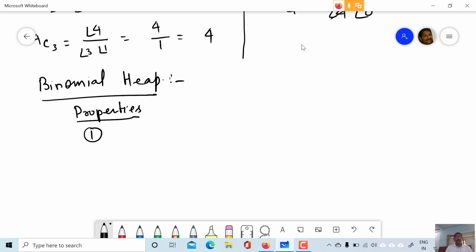What is key? Key means value. Suppose this is a binomial tree, and in this case the key value is suppose 3, and its value is 4, its value is 5, its value is 2, its value is 1.